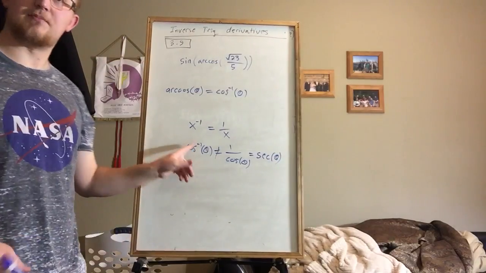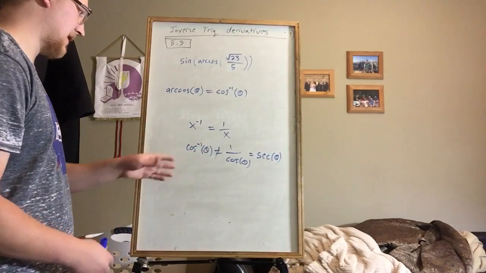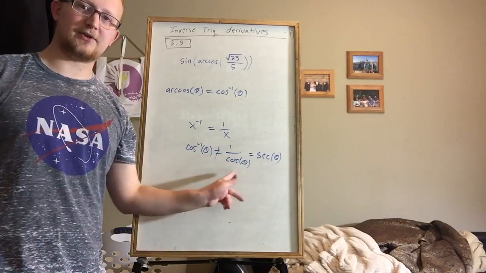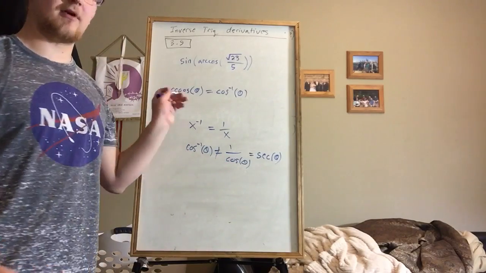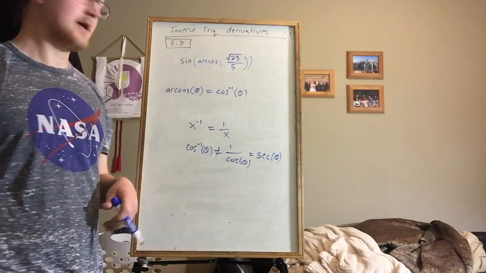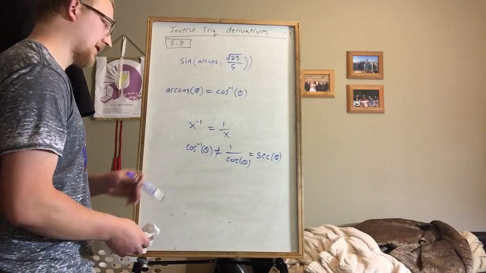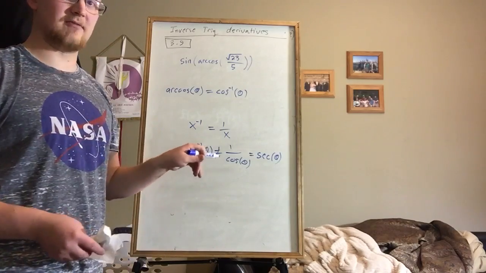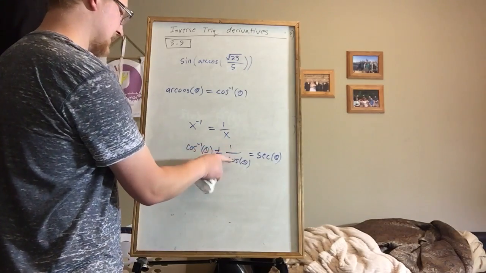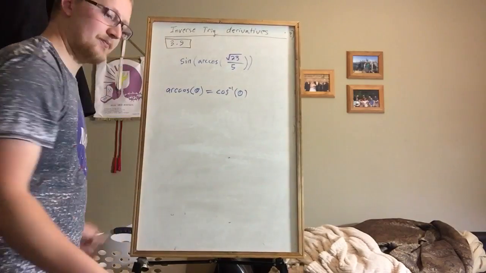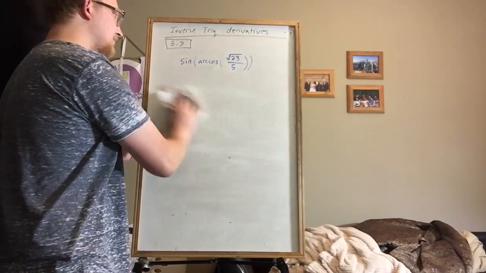So if you're going to use the -1 notation like in MyMathLab, just be careful that you don't think you can do this algebraic trick, because it doesn't work for arc cosine or arc sine. It does work for secant. You can write secant as 1 over cosine, but cosine inverse cannot be written in this way. Now that I've got that out of the way, back to the problem at hand.